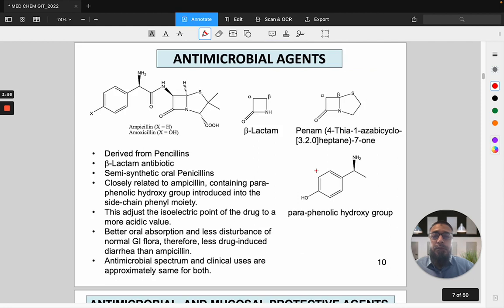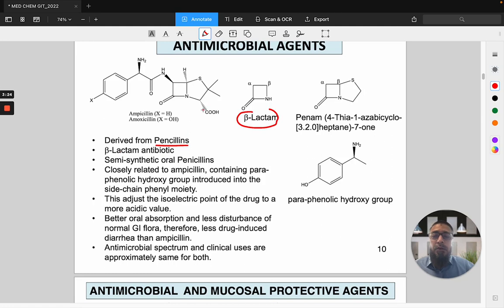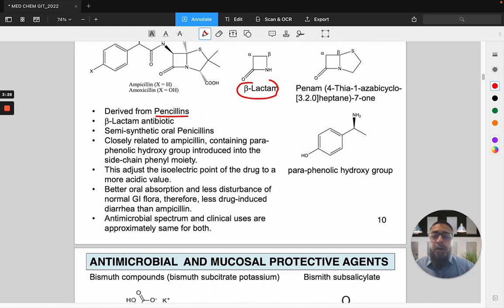The first antimicrobial agent is amoxicillin. It is a derivative of penicillin, which contains this beta-lactam ring. The rest of the ring system, which also includes sulfur, is called penam, 4-thia-1-azabicyclo[3.2.0]heptan-7-one. These types of drugs are called beta-lactam antibiotics.